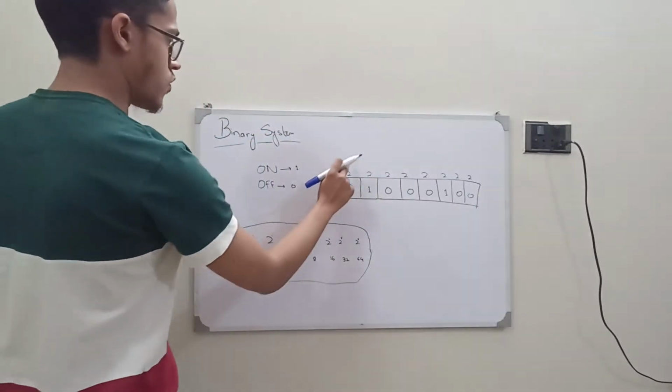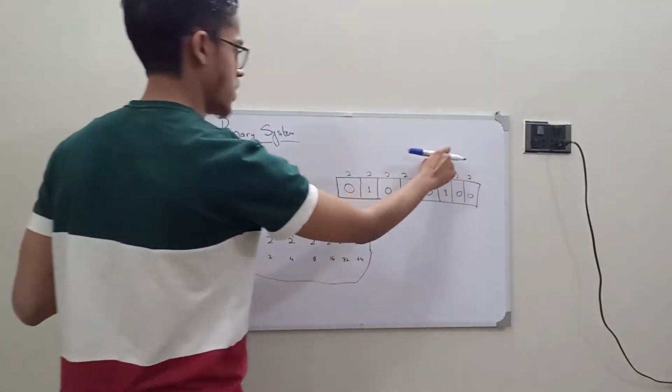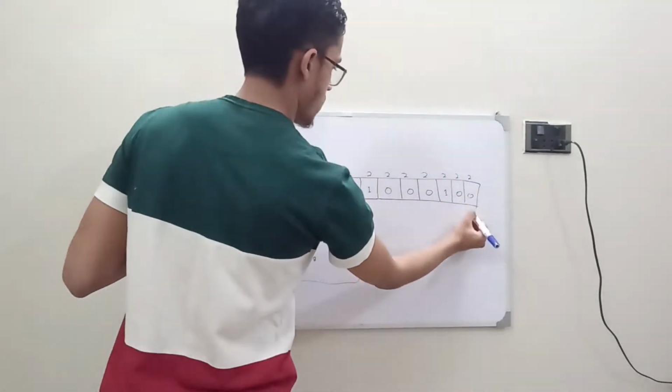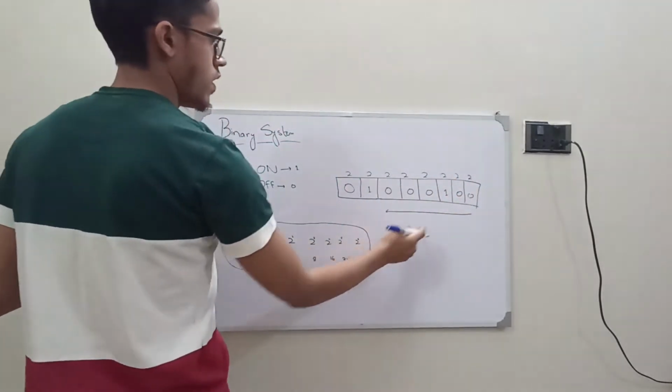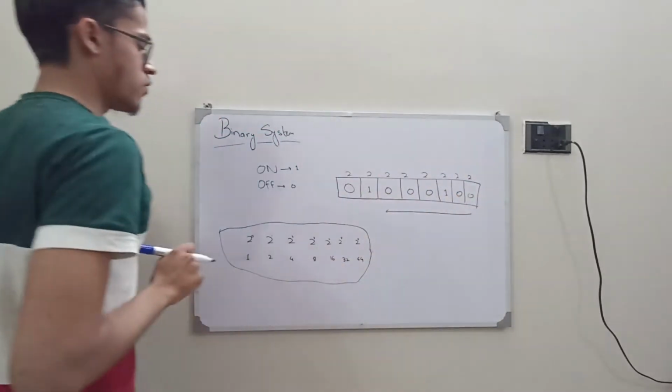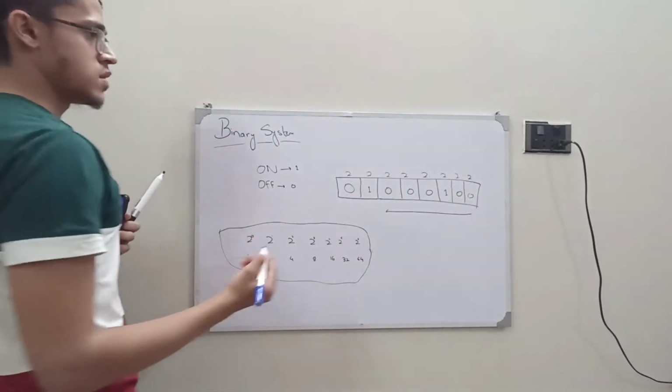Instead of starting from the left, we start from the right, because in the binary system we go from right to left whenever we read this representation, not from left to right like in normal maths.